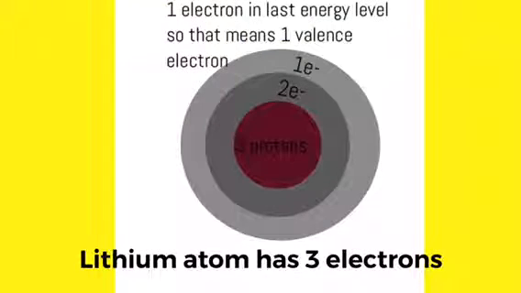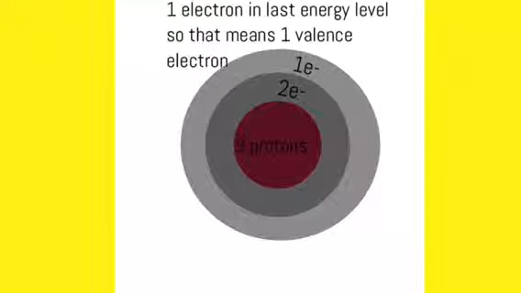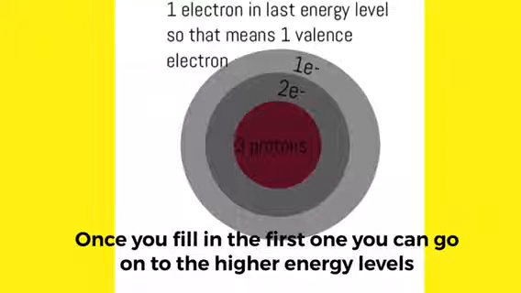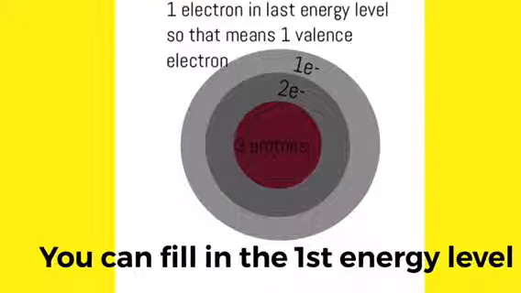The answer for question 2 is 1, and this is how I got my answer. Lithium has 3 electrons, so we have to fill in the energy level to its maximum number before we go to the other energy levels. So let's start off with the first one. Maximum is 2. We have 3 electrons for lithium, so we could put 2 in there.